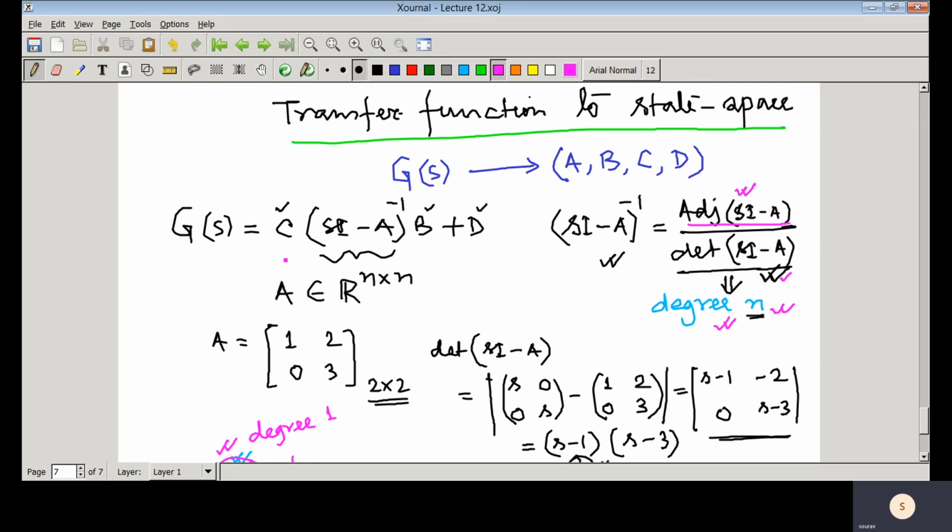So if you consider only that term, you have a matrix where each element is a rational element, and those rational elements would be strictly proper. That means the denominator degree would be greater than the numerator degree.